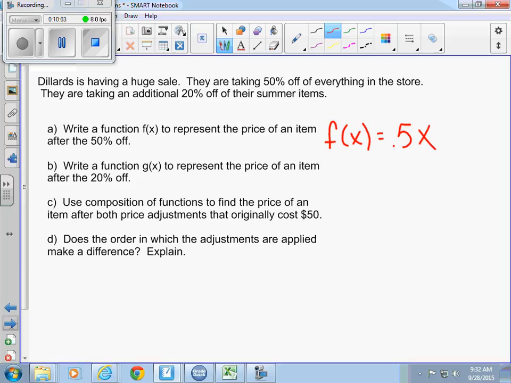Okay, good. One option is doing x minus 0.2x. Isn't that just 80%? 1 whole x minus 0.2. Makes sense. That you're paying 80% of the item if you get 20% off.